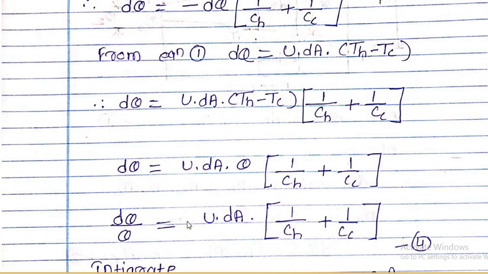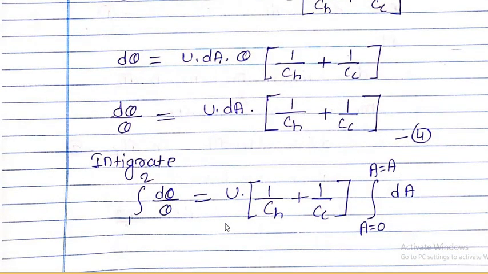At the starting point, or at the inlet of the heat exchanger, the area is 0, and at the end of the heat exchanger we need to consider the total heat transfer area. So for theta, the integration limits will be theta 1 to theta 2, and for the area the integration limits will be from 0 to A.